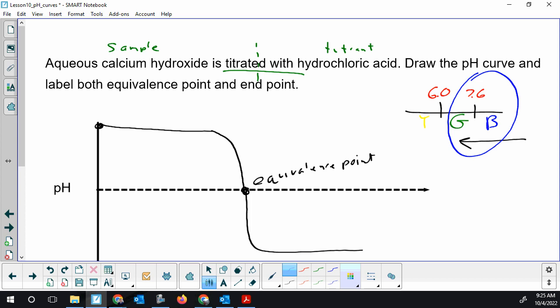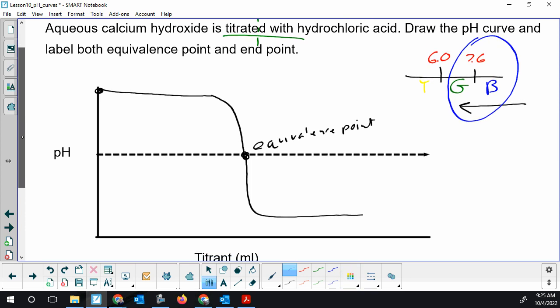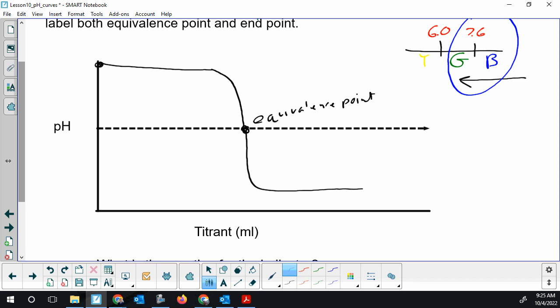Now I can label those colors. We're blue at the high pHs. The pH is going to drop and it's going to stay blue until we get to 7.6. At 7.6, we're going to switch to green. And it's not going to be green very long.